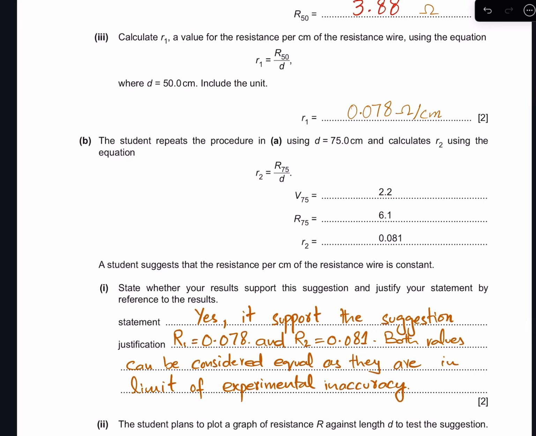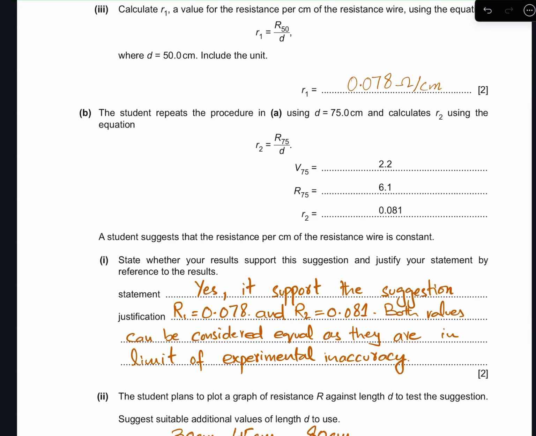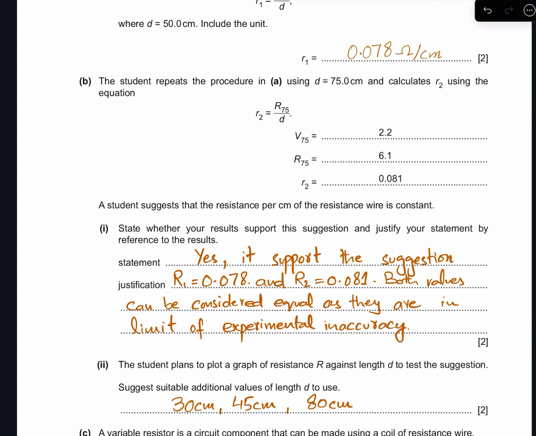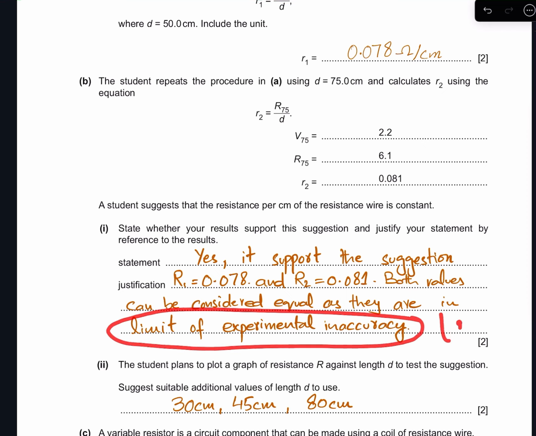You can say that they are equal to each other. So if you see this value and this value, it comes in the range of 10%. Yes. So first in the statement we write yes, it supports the suggestion. Then you have to justify why you are saying this, because R1 is this, R2 is this. Both values can be considered equal as they are within the limit of experimental accuracy, and the limit of experimental accuracy is 10% plus or minus. It's acceptable. They should be in that range.